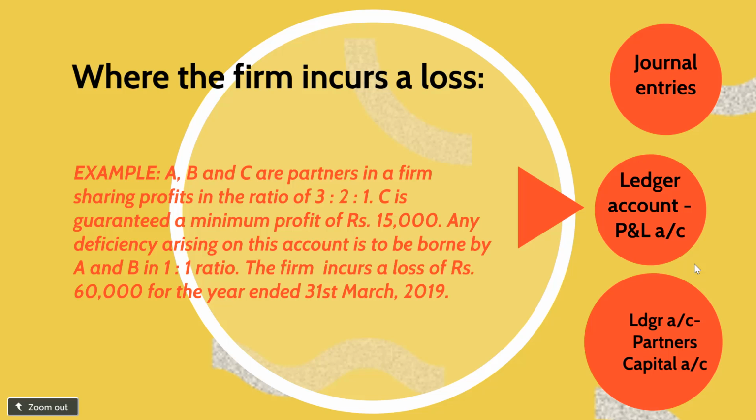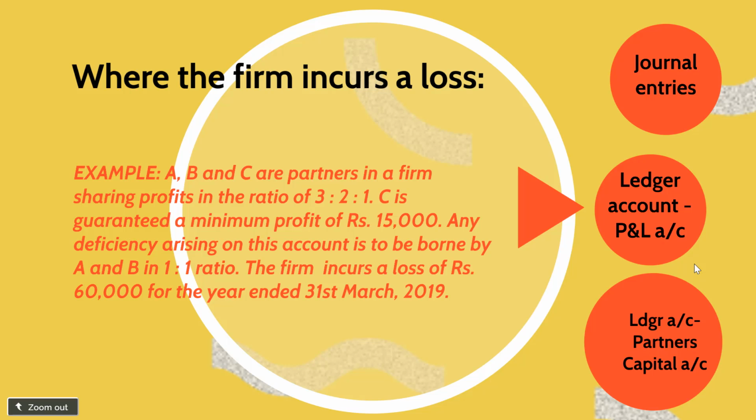This deficiency of rupees 25,000 is to be borne by A and B in 1:1 ratio. So A will bear rupees 12,500, which is 25,000 into 1 divided by 2, and the deficiency to be borne by B also is rupees 12,500.